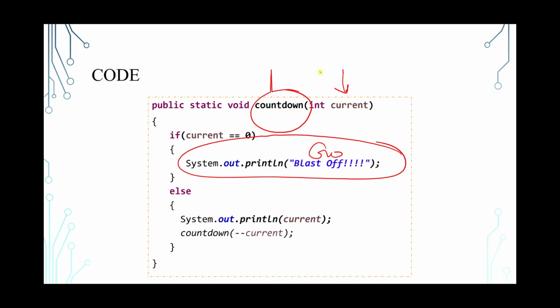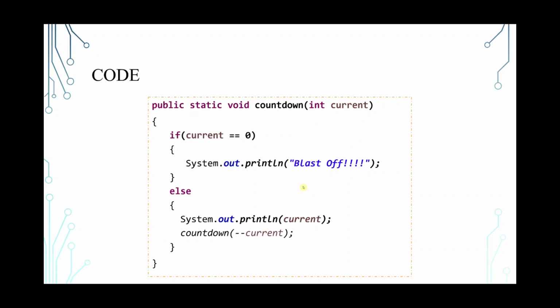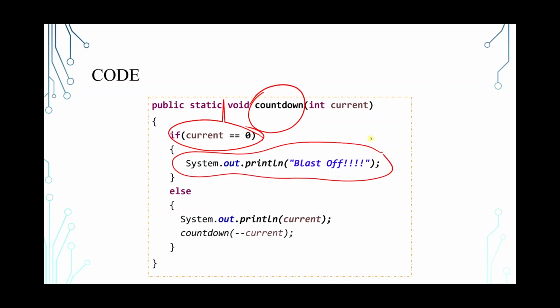So if we have this function, the base case, when we do not call this function again, is when the counter is 0, right? When the counter is 0, we do whatever we do.